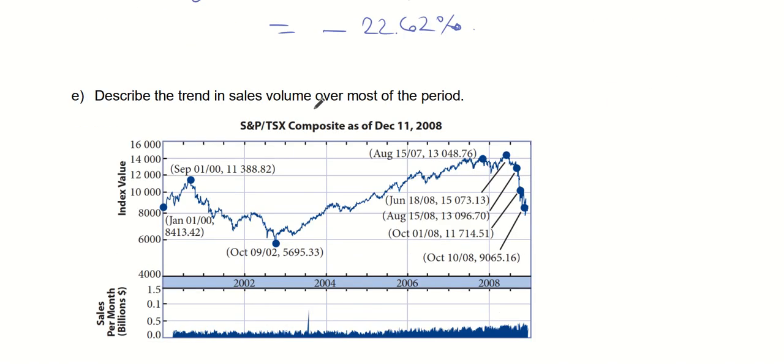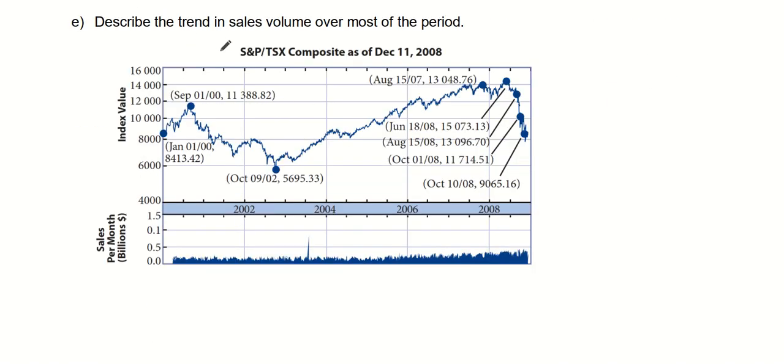Okay, let's continue on. So let's look at the last part here. Describe the trend in sales over most of the period. Well, in this case, if you look here on the bottom part, it looks like it generally increases. It basically increases from 2000 all the way to 2008, and there's a spike right here.